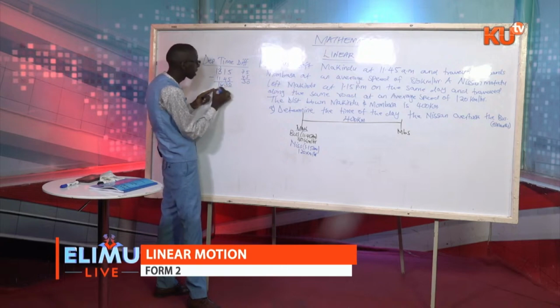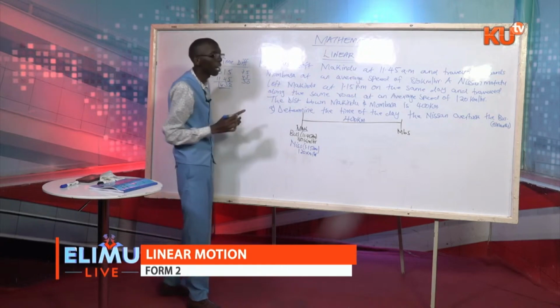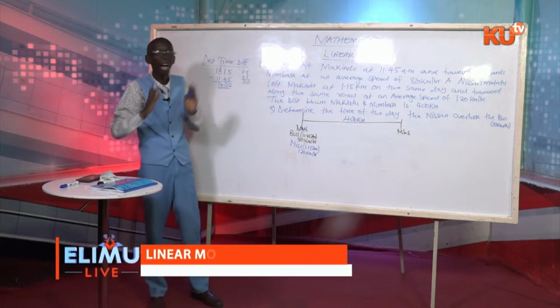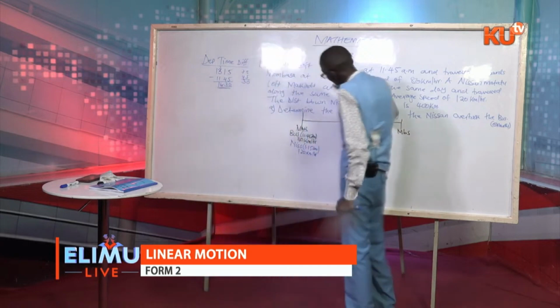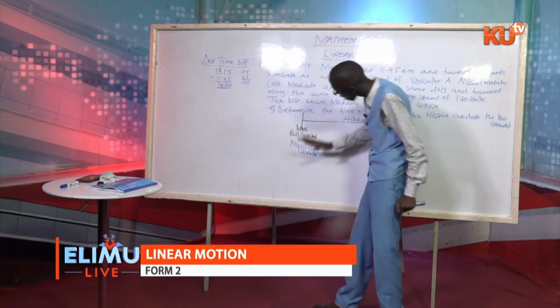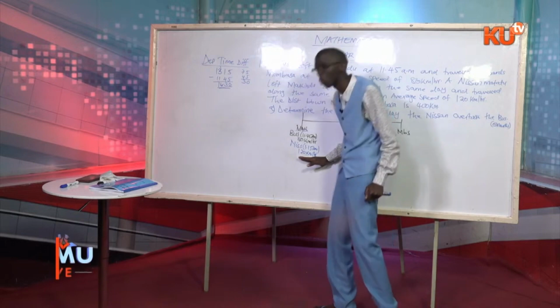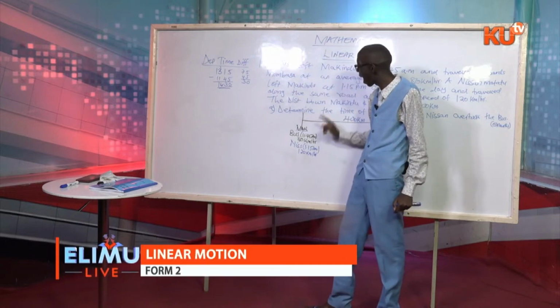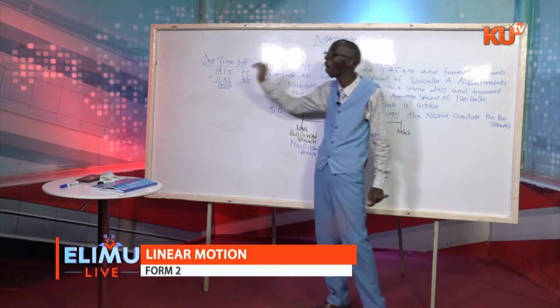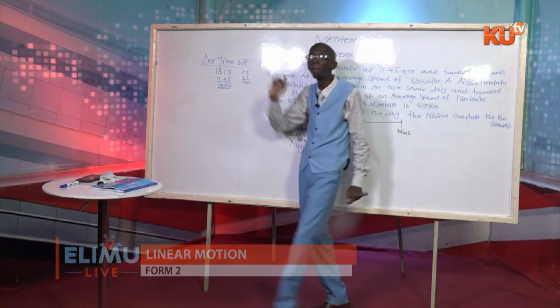So that means their departure time difference is 1 hour 30 minutes. What do we mean? By the time the Nissan was beginning the journey at 1:15 p.m., the bus had already traveled for 1 hour 30 minutes.